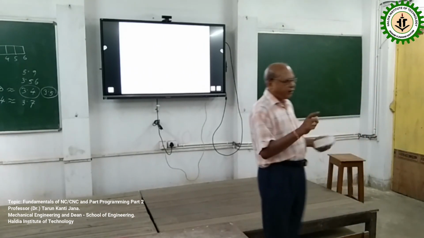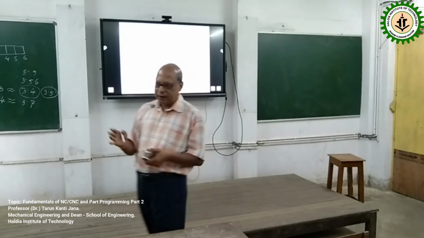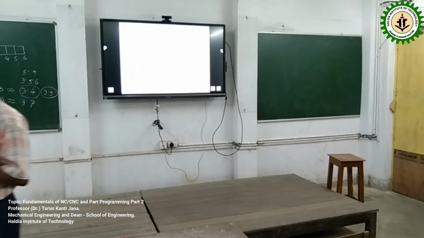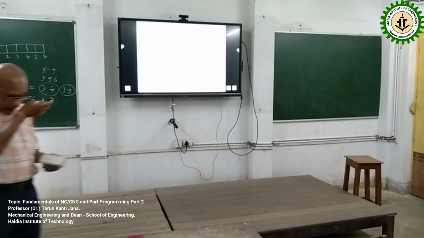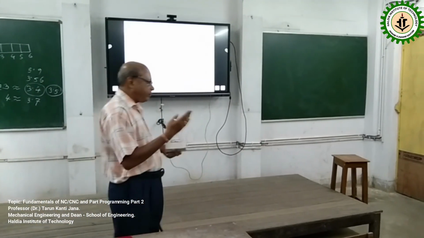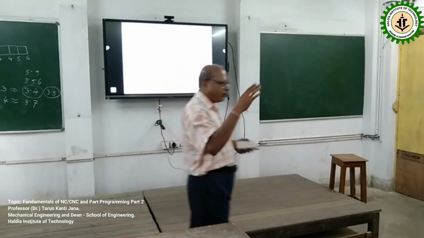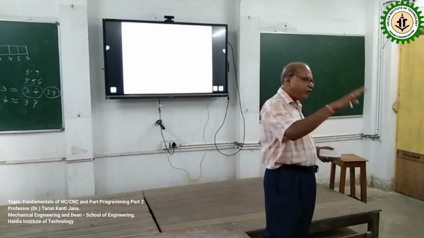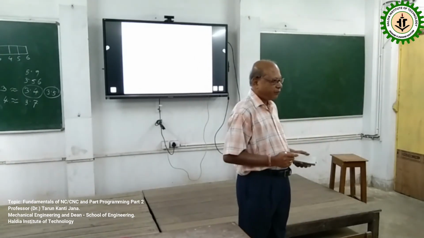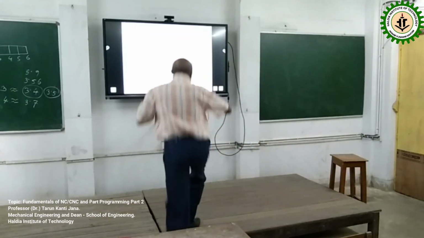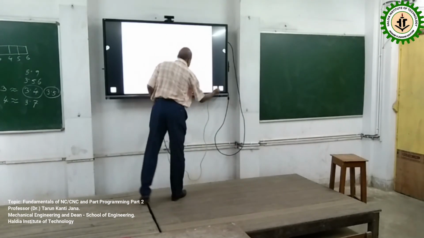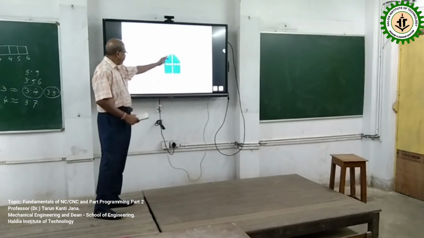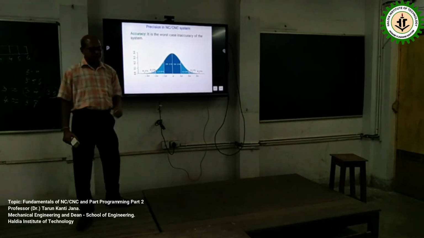So that is very difficult to quantify. But it is eventually concluded that all such errors follow a normal standard distribution. So if you take all the accumulated error, it follows this standard normal distribution.